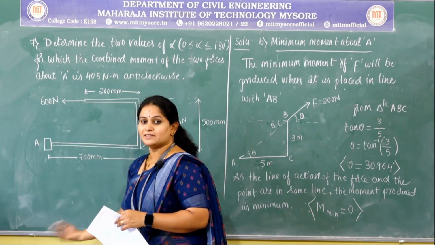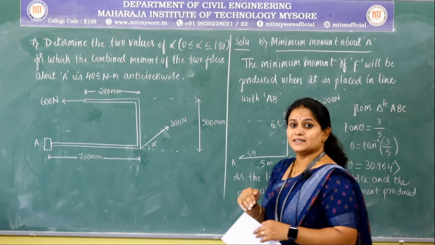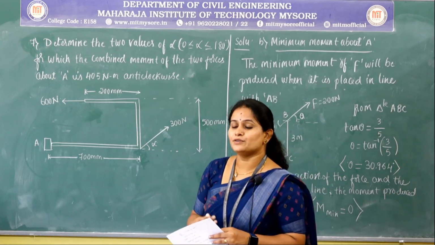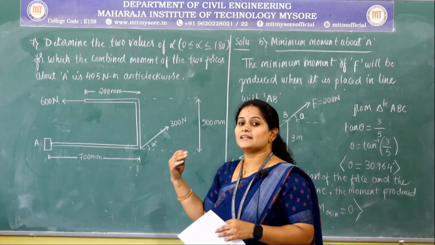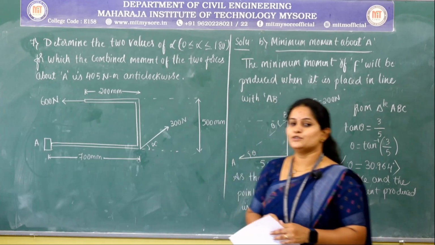They have given the value of moment, you need to determine the inclination angle. So how are we going to find these inclination angles, and it should be two values.